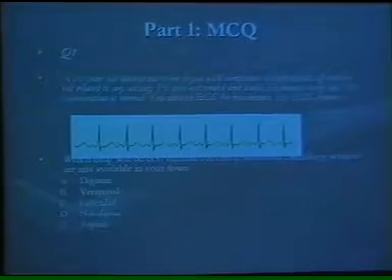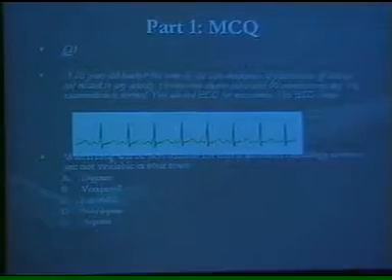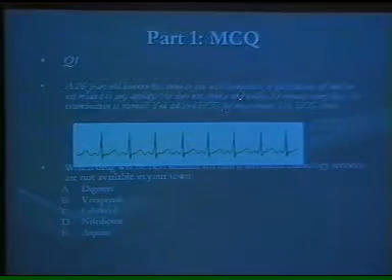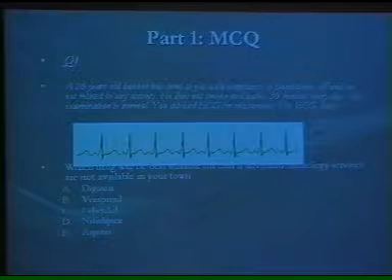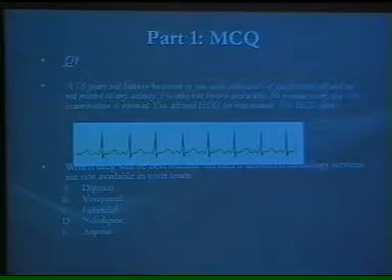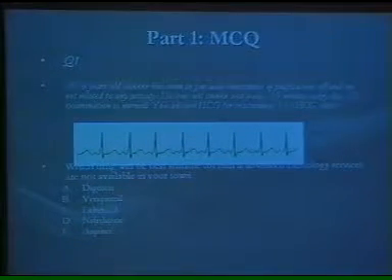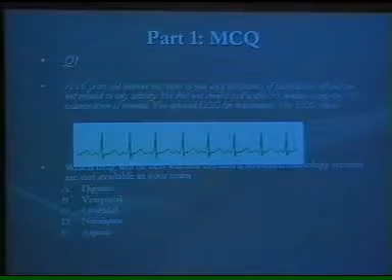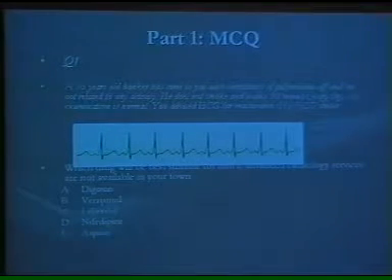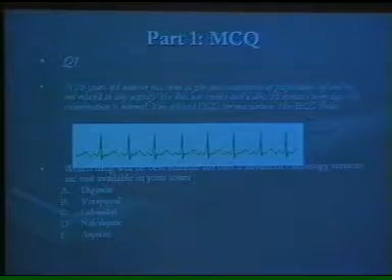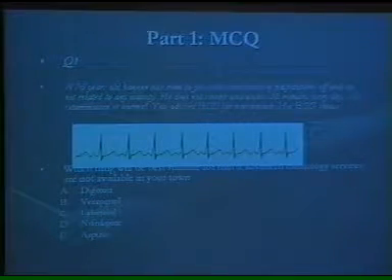They will not give any details, what is the P wave, what is the QRS, nothing. They will just leave you with this ECG to interpret. Those who understand ECG will choose the correct answer. Those who do not understand ECG will most probably choose a wrong answer.